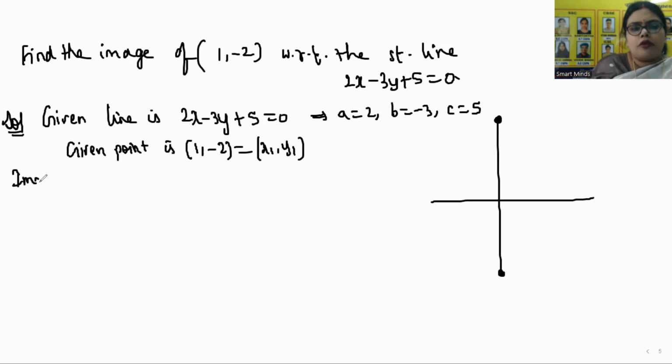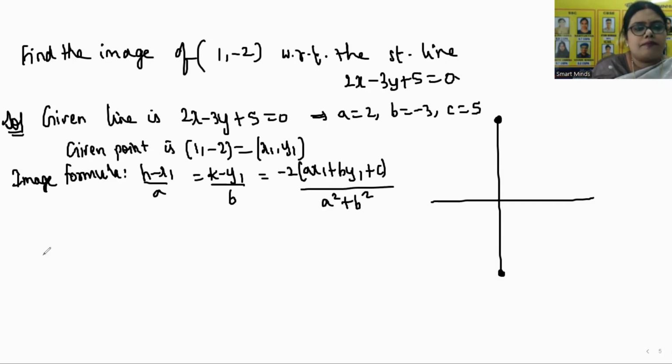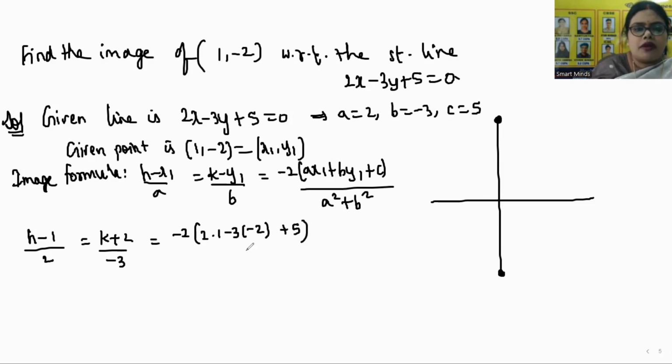Now we apply the formula. What is the image formula? (H minus x1) by A is equal to (k minus y1) by B is equal to minus 2 into (ax1 plus by1 plus c) by (a square plus b square). So (h minus 1) by 2 is equal to (k plus 2) by minus 3 equals minus 2 into (2 into 1 minus 3 into minus 2 plus 5) by (4 plus 9).